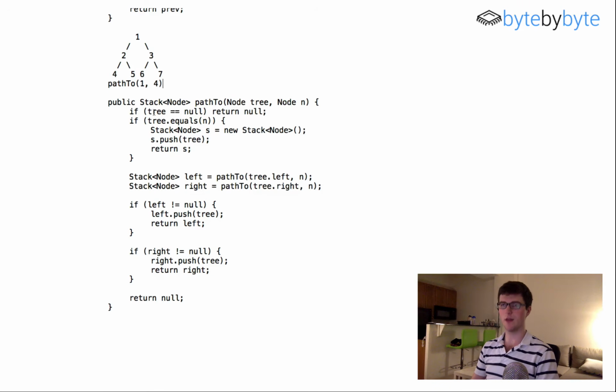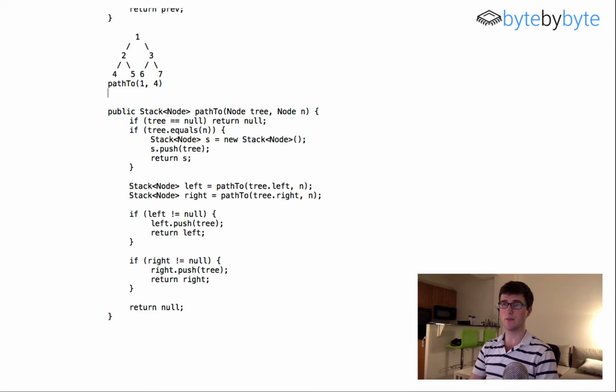And let's see. So the tree is not null. The tree is not equal to 4. So we're going to come down here and we're going to get the left path. We're going to go left first. And so we're going to say left is going to be tree left. So path to 2 and 4. And then we're going to do the same thing again.